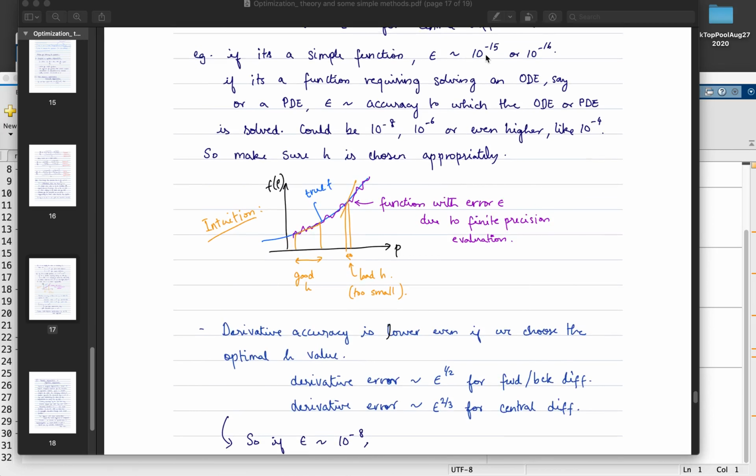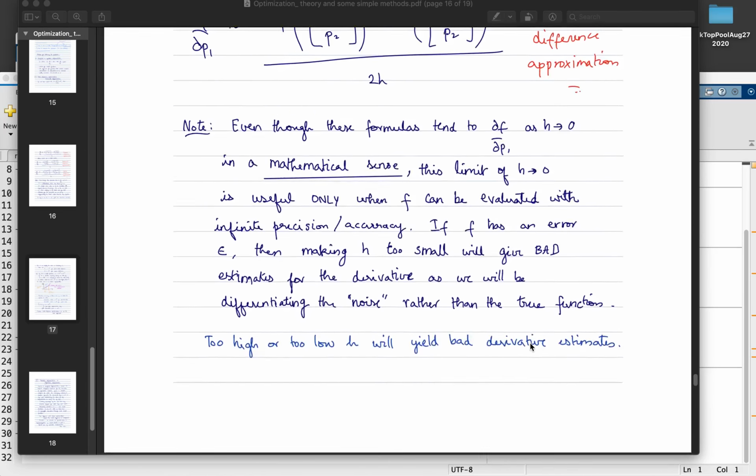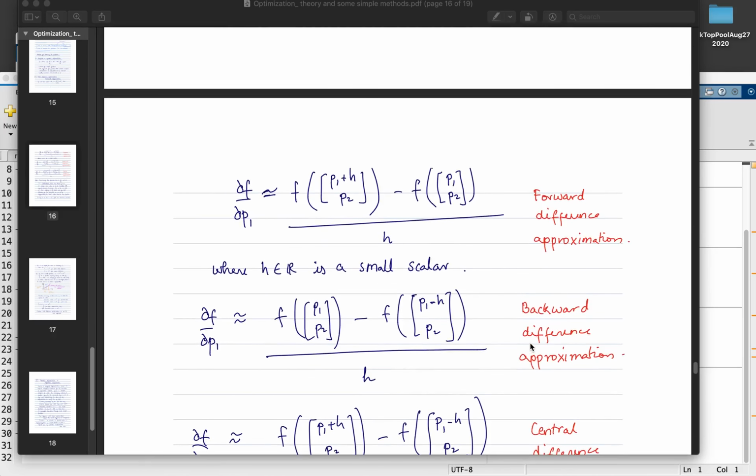So if you have 10 to the minus 15 epsilon, then if you use forward or backward difference, you get 10 to the minus 7.5 as the error on the derivative, and you get about 10 to the minus 10 if you use central difference as the derivative error. So ideally one should use central difference because it's more accurate, but forward or backward difference is often used because it usually uses fewer function evaluations.